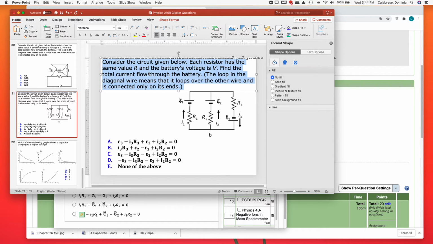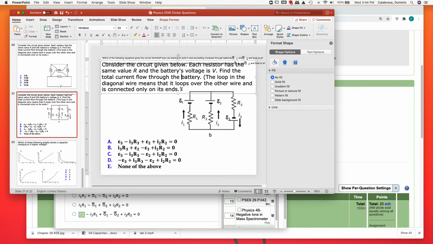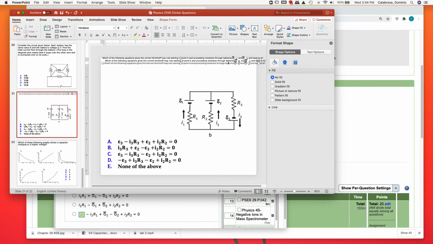For some reason, it's not cooperating. All right, just give me a second.